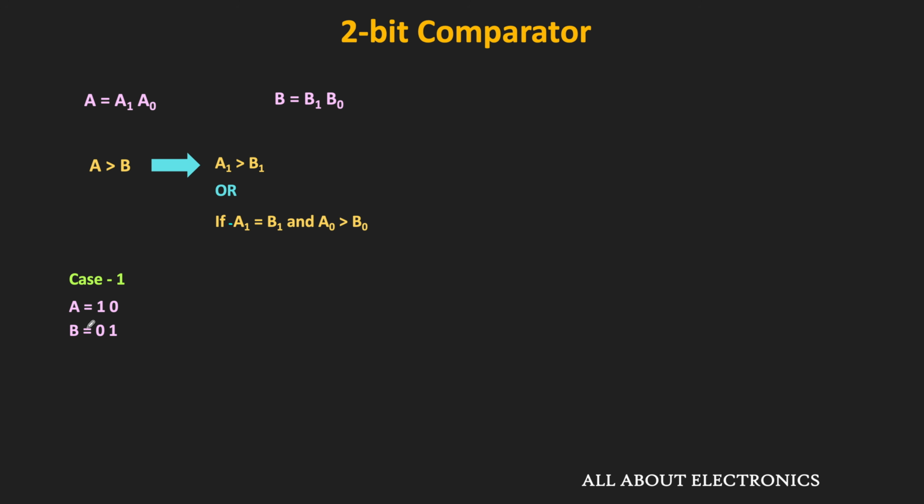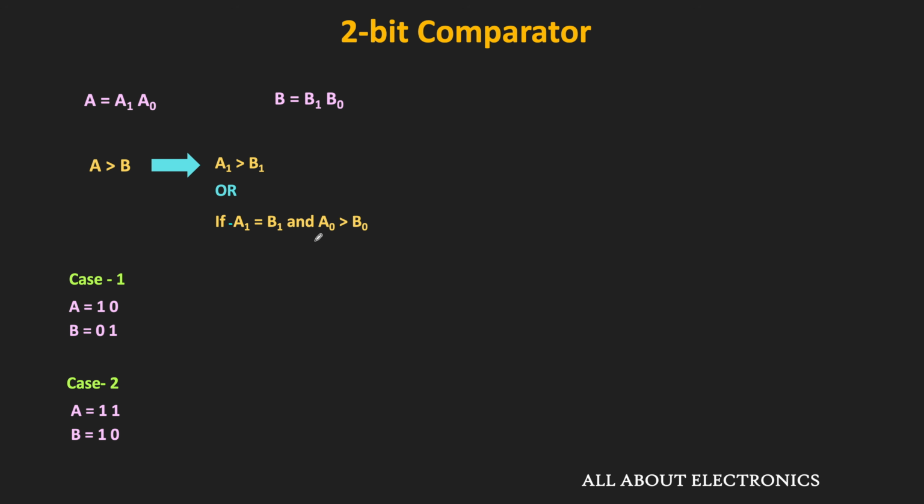Since a1 is greater than b1, we can directly say that the number a is greater than b. Now it might happen that the MSBs of the two numbers are equal, that means both a1 and b1 are equal. In that case, we should compare the next bit. If a0 is greater than b0, then we can say that the number a is greater than b. For example, let's say the number a is 1 1 and the number b is 1 0.